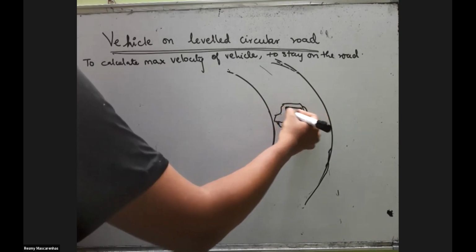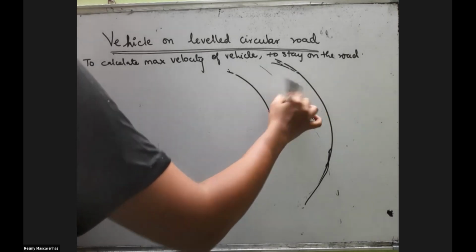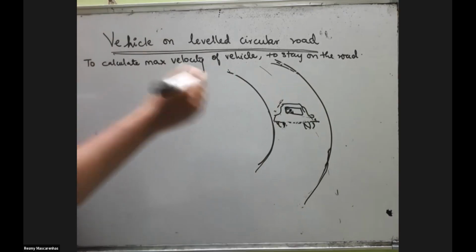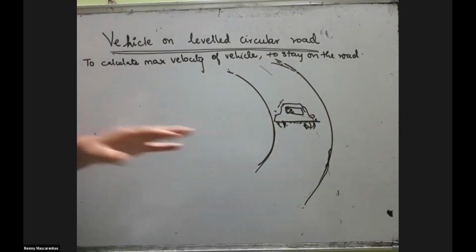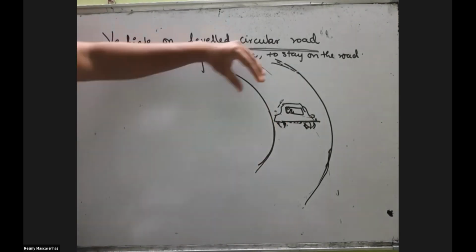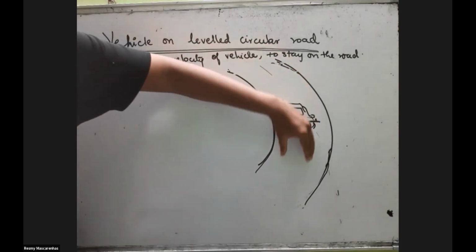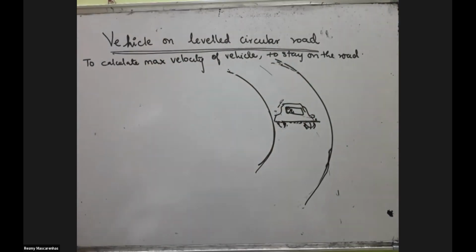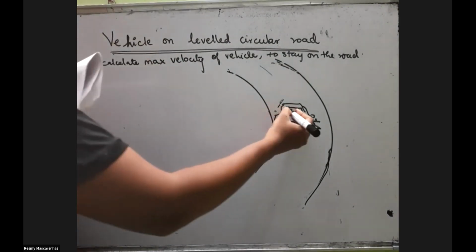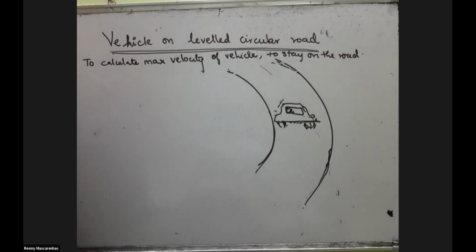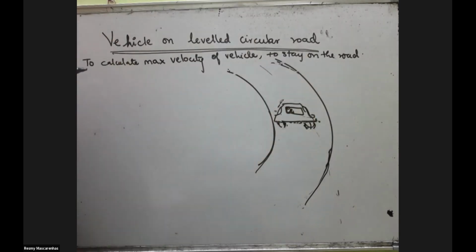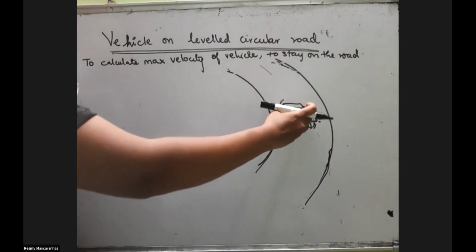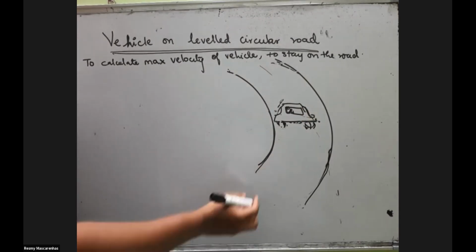So if this is the front pane, this would be the driver. The vehicle is moving this side. It becomes difficult to show in a 2D diagram, so imagine that the car is coming this side. This is the front part of the car and it is coming in front.